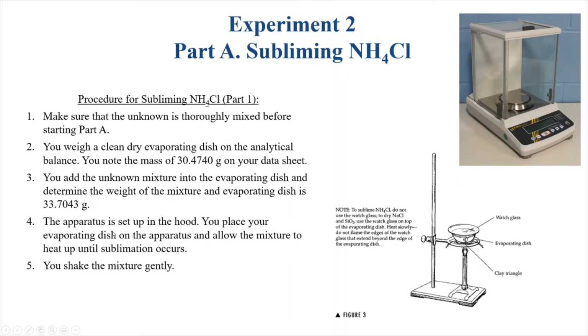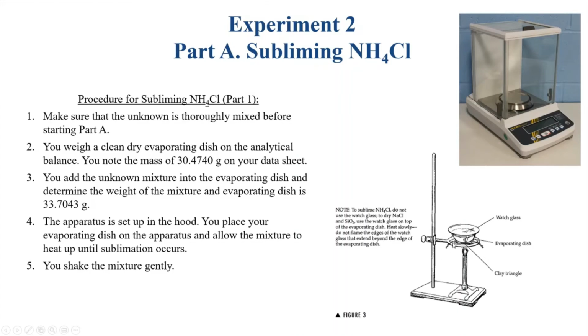And then there's going to be an apparatus set up in the hood, and it's going to look like this. This thing with this pole that's sticking up on this frame is called a ring stand. So you're going to have a ring stand, and then you're going to have a ring. Basically, there's this metal ring that attaches to the ring stand, and on top of that, we're going to put a clay triangle.